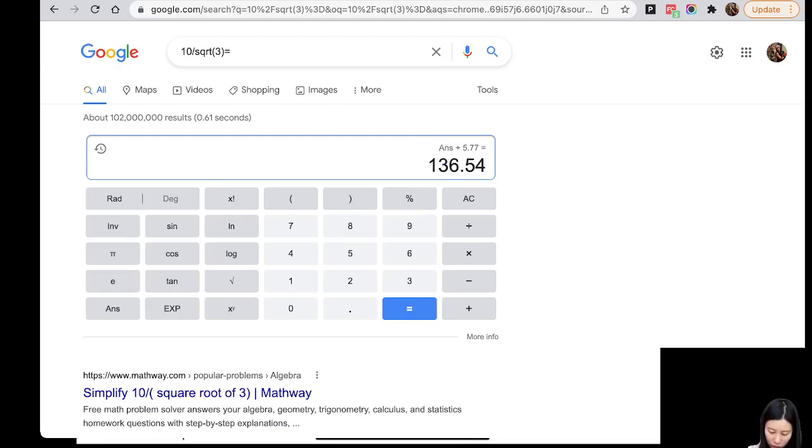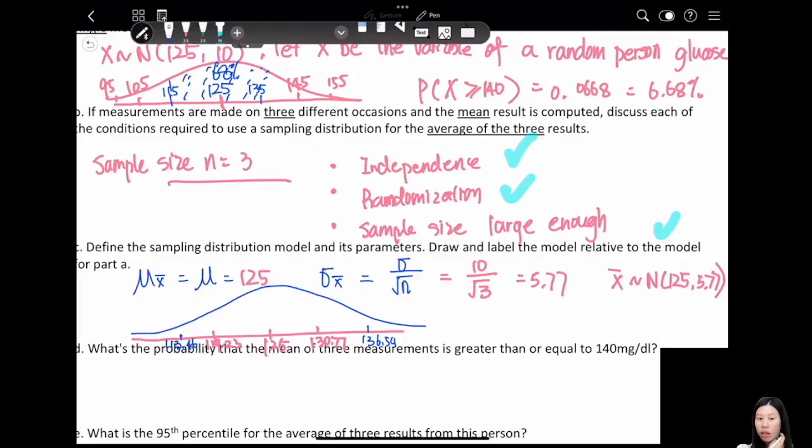And this follows a normal distribution. Okay. So this is our normal bell-shaped curve.